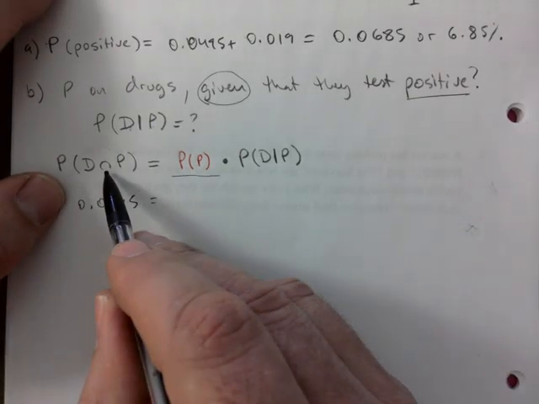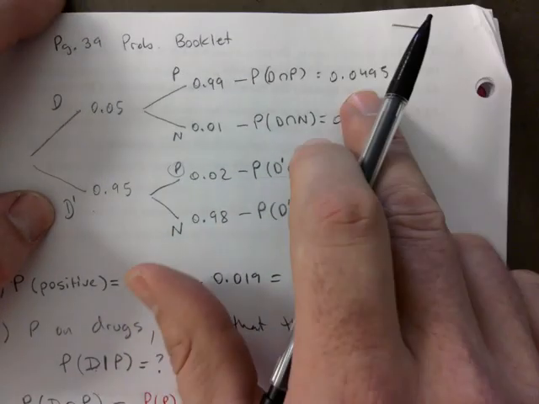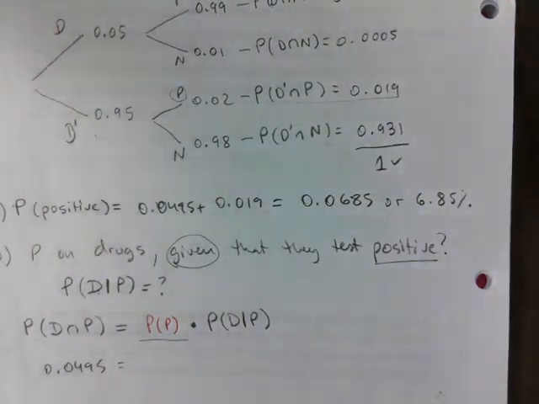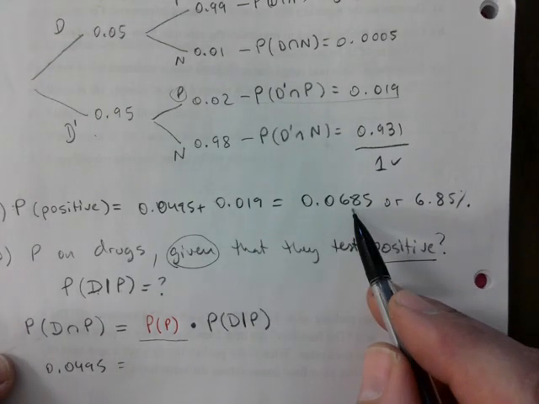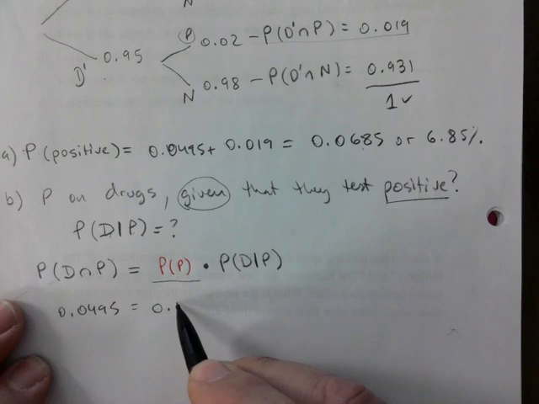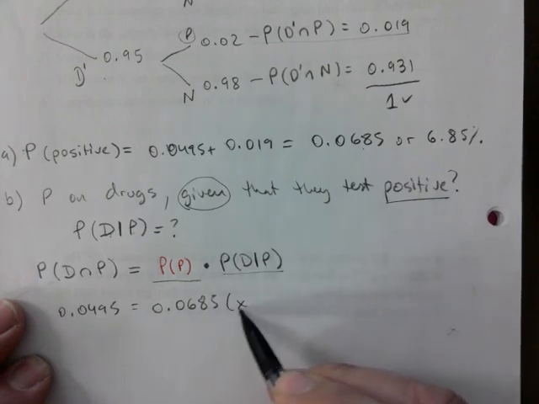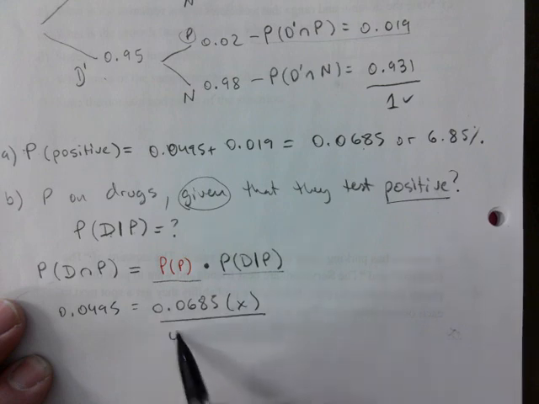All right, so we figured out the and comes from here, okay? And the probability of positive we already figured out on the previous question, which is this, 0.0685. And this is what we're trying to find out, so we're just going to call that x.